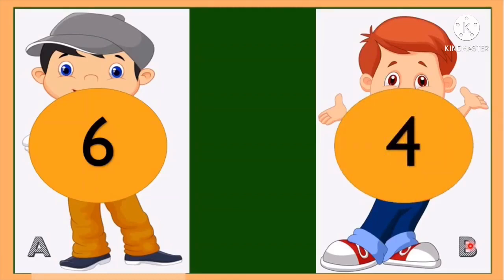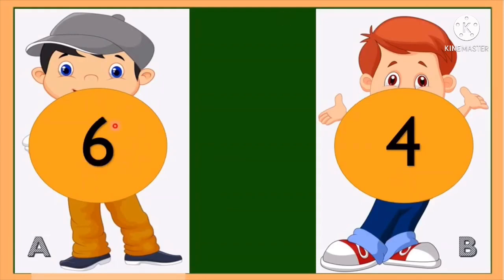Now, if you are about to find the symbol that can be put between these two numbers, what is that symbol? Is it less than, greater than, or equal? If equal, they must be the same, right? But 6 and 4 are not the same. So it's either less than or greater than.